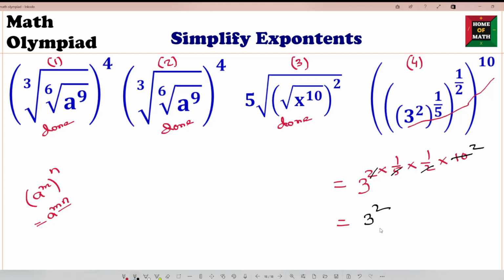So 3 square, our answer, 3 square means 9. So everything we solved in a very easy way, and the basic format is this one: the nth root of a means a to the power 1 by n. We have to keep memorizing these two formulas.